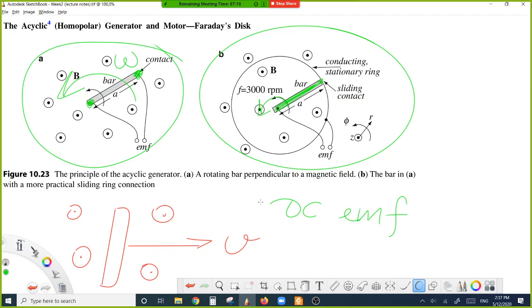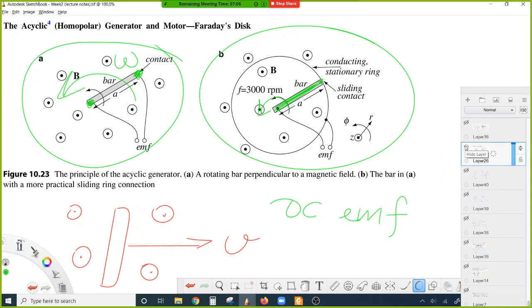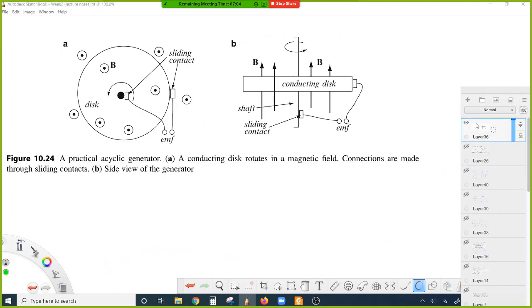The opposite application of this phenomenon can be seen in DC motors.